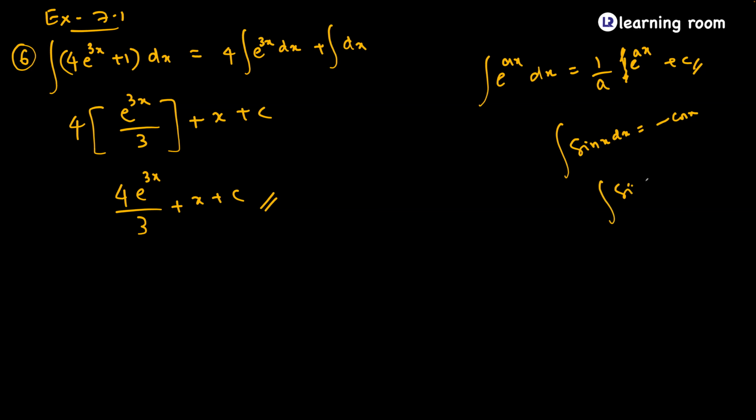Similarly, if I ask you what is the integral of sin 3x dx, what will the answer be? It is minus cos 3x divided by whatever is the multiplication factor apart from the normal function, that should be written in the denominator. Why we should write it, you will understand after I explain substitution. That's not a big deal. I'll explain how it has actually come.